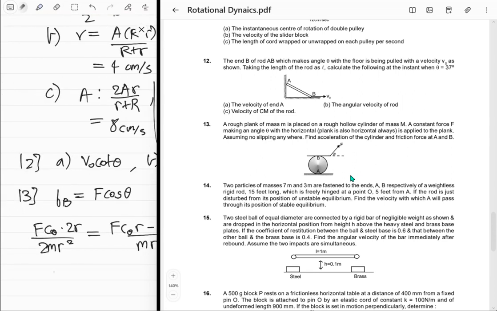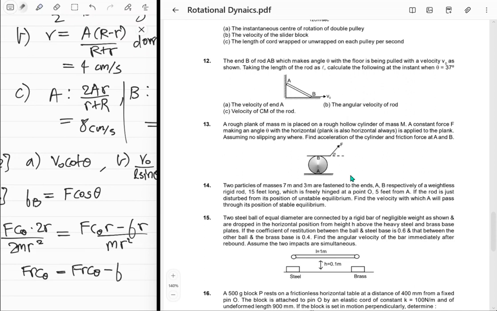So okay, cool. It's like FR cosine theta is equal to FR cosine theta minus... Does that mean... oh yeah, so it's just rotating by itself, huh? It's just rolling by itself. Wow. You don't need any friction force. Wow, this is unexpected. But hey, that's what it is.